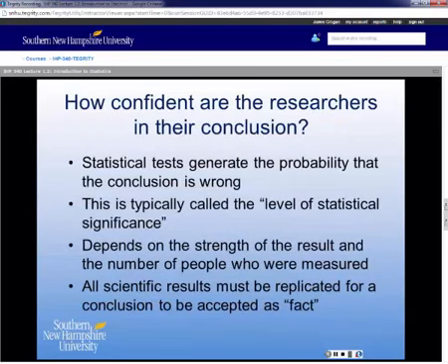So these conclusions that researchers make are based on the statistical tests that are run on those data. And so these statistical tests also generate the probability that the conclusion is wrong. And this is called the level of statistical significance. Statistical significance depends on the strength of the result, how many people were measured, and the variability of those measurements.